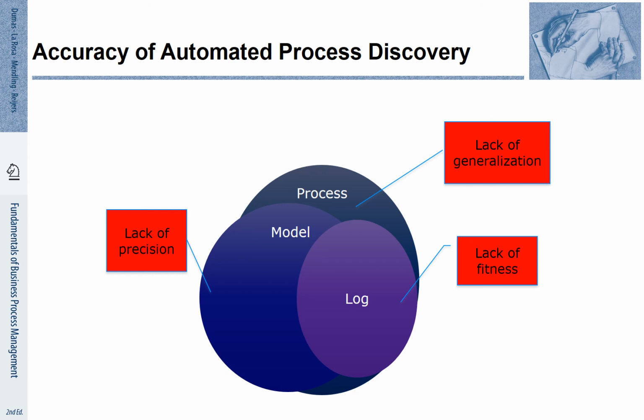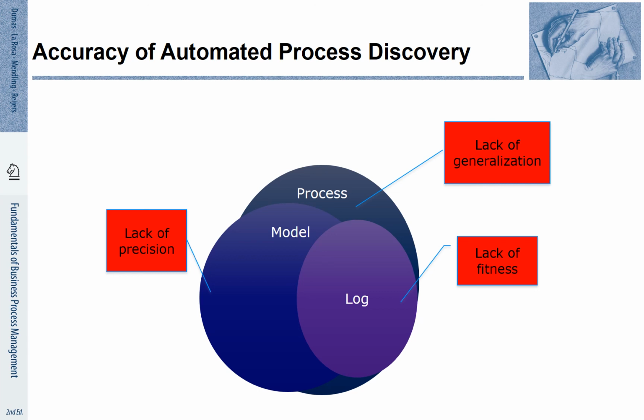If we have a process model that has more behavior than what we have observed in the log, we would call this model imprecise. If there's more behavior in the log than what the model can represent, we speak of a lack of fitness. And if there's behavior that is possible according to the real-world process, we call it a lack of generalization.